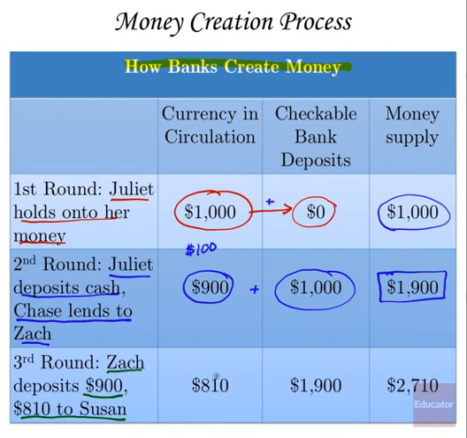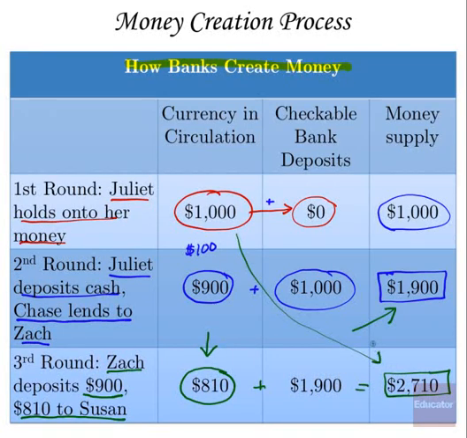She's going to borrow $810, because Zach's bank is going to lend out 90% of that $900 that is deposited into Zach's bank, and $810 is lent out. So the money supply goes from $1,900, and then you add $810, and you have $2,710 from an original $1,000 deposit. You keep on going, and it basically goes on.